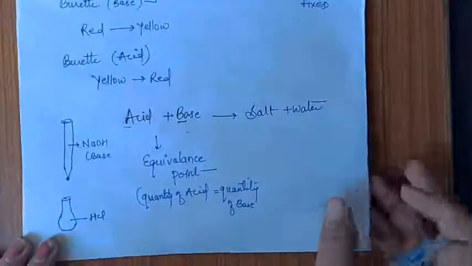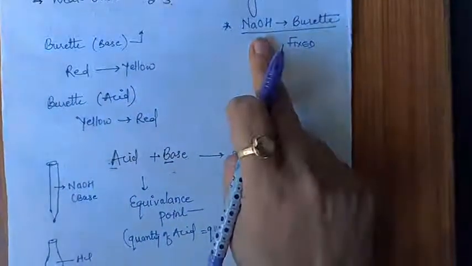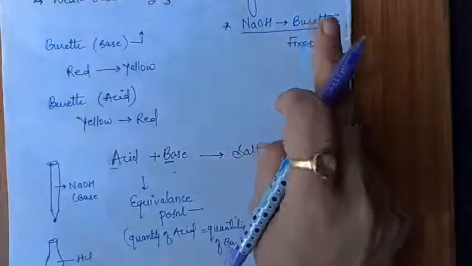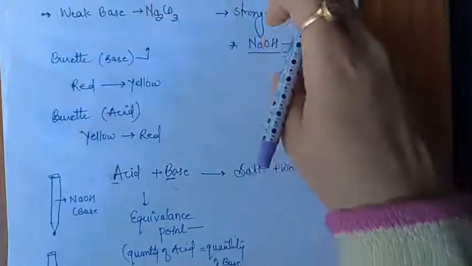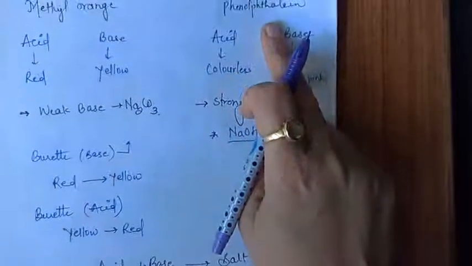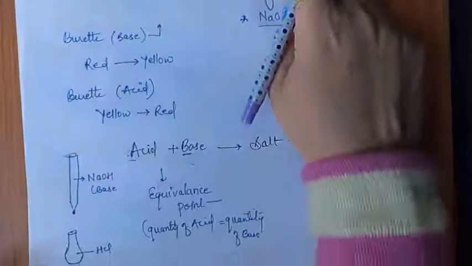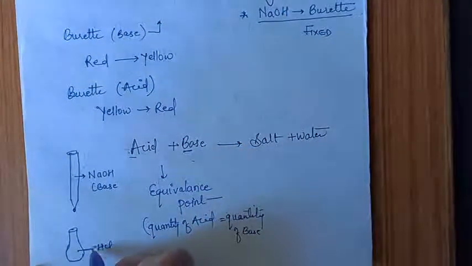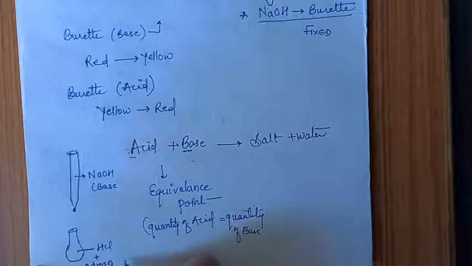And as I told you, if NaOH is your base which you are using, you have to use the which indicator? Phenolphthalein. So in HCl which you have taken here in titration flask, you add few drops, supposingly 2 drops of phenolphthalein indicator.